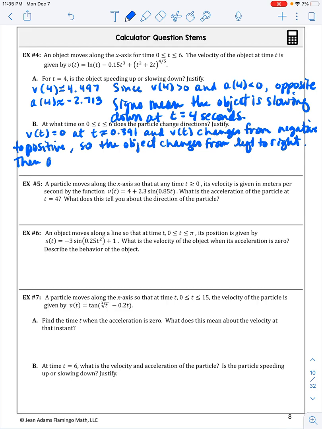And then I said, then at t equals approximately 5.008, v of t equals 0.